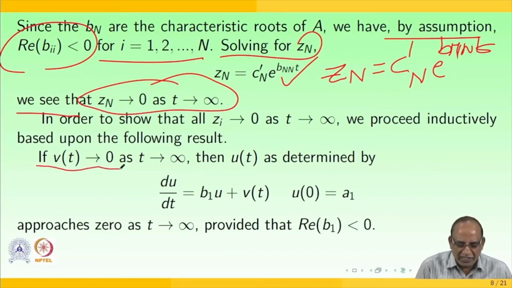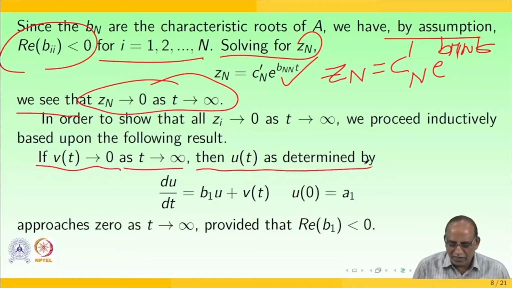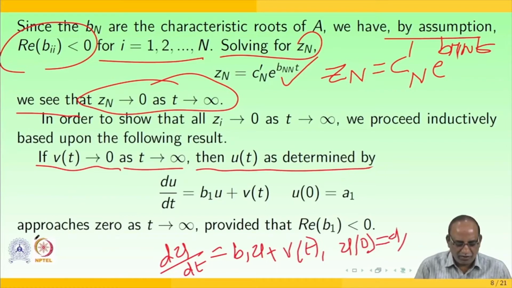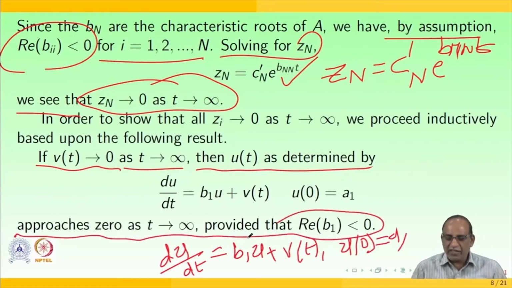If v(t) approaches 0 as t tends to infinity, then u(t), as determined by du/dt = b1 u + v(t), u(0) = a1, approaches 0 as t tends to infinity, provided that the real part of b1 is less than 0.